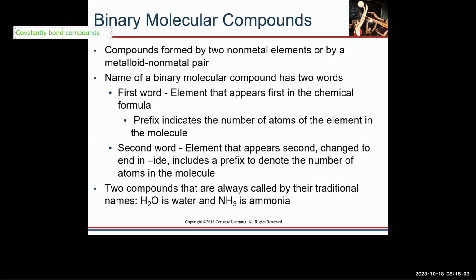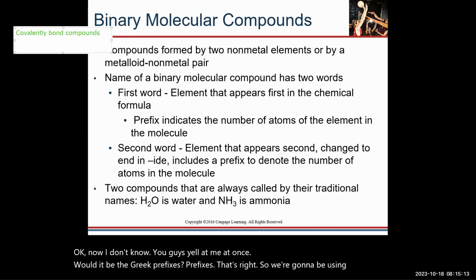Okay, now don't all you guys yell at me at once. Would it be the Greek prefixes? Greek prefixes, that's right. So we're going to be using those Greek prefixes.